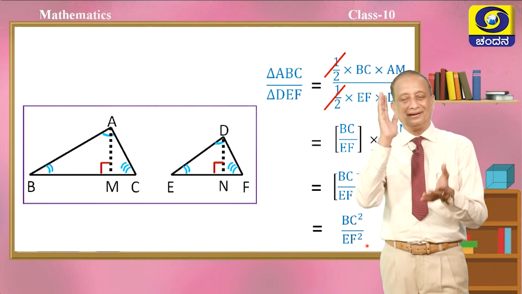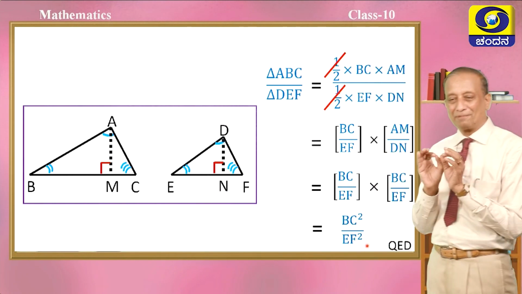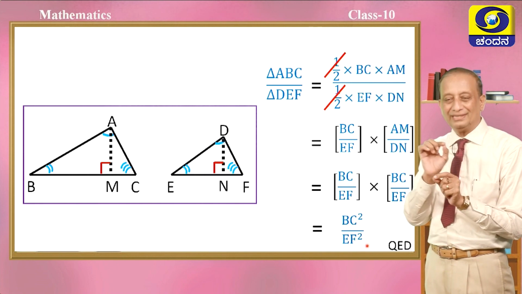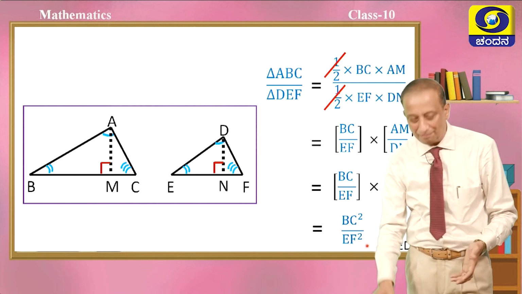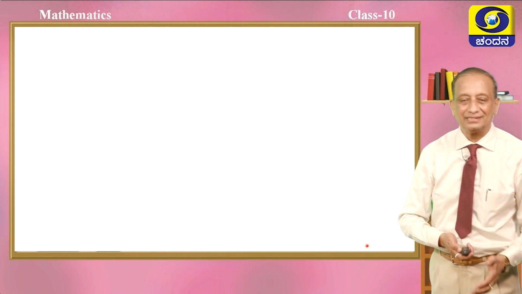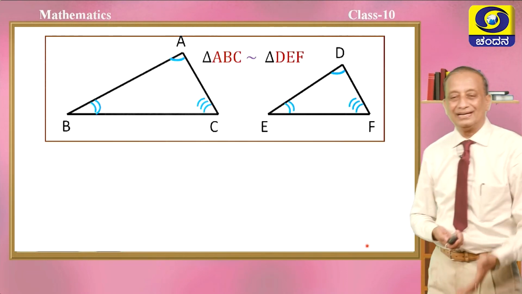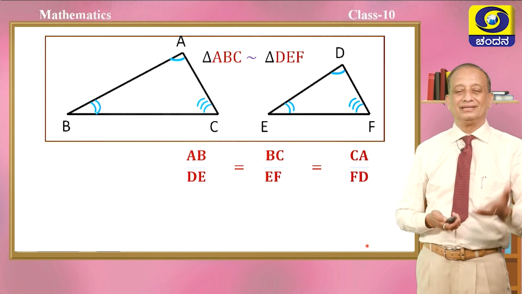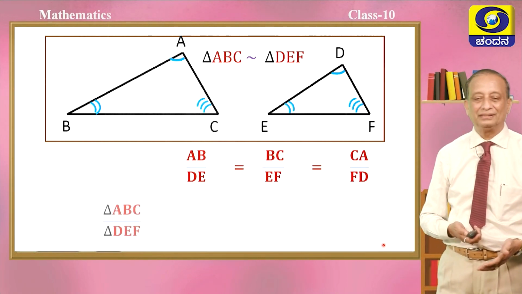So we got it. The areas of similar triangles are proportional to squares on their corresponding sides. We have established this. So this is a theorem on areas of similar triangles. Now if two triangles are similar, you know that the corresponding sides are in proportion.